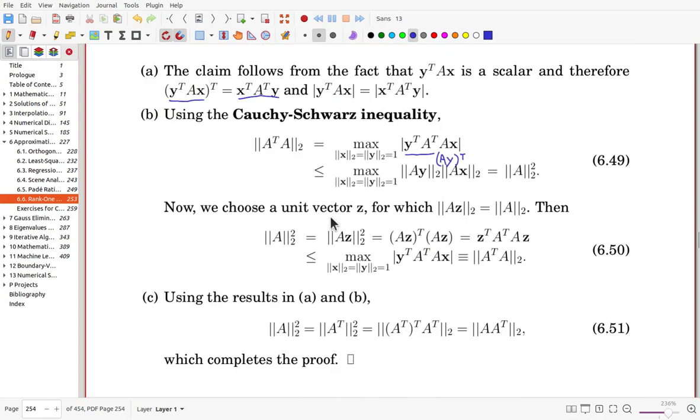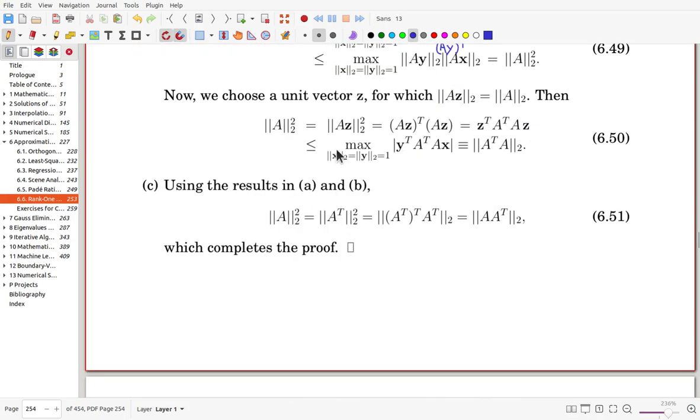Okay, we'll use that fact here. So the matrix norm squared is the same as the vector norm of Az squared, but this is the same as z transpose A transpose A z. Now we expand in this way. Already this one is non-negative, so that is the same as that one. Now, rather than a determined vector, we may try to choose an x and y generally and try to maximize.